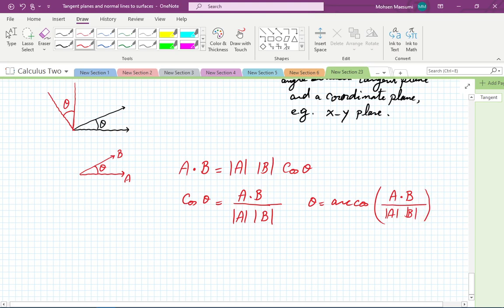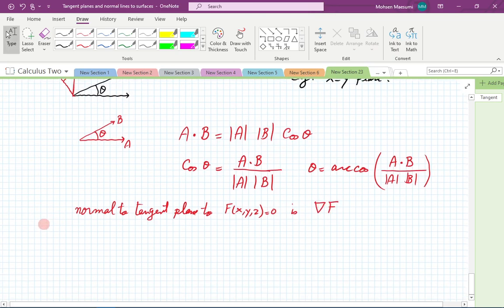Okay, that's the end of our review. So the next issue is, how do we use it? In this case, if you have a tangent plane to a surface given by some formula like this, the normal to the tangent plane is, we said, the gradient of f calculated at the point of interest.